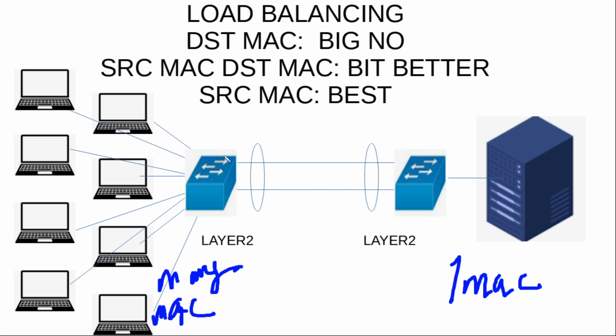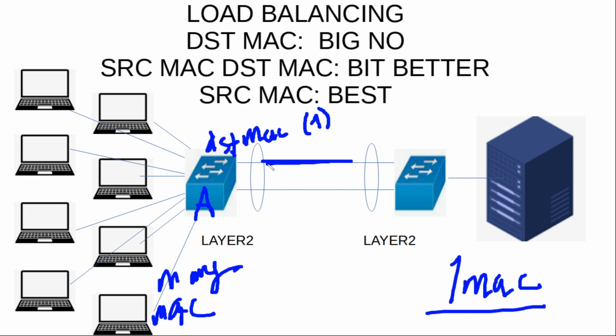In this case, if we choose, for instance, at switch A to load balance based on destination MAC, given we only have one destination MAC on the other side, the load balancing algorithm will conclude always to use the same link.